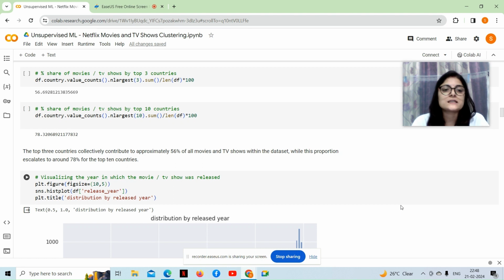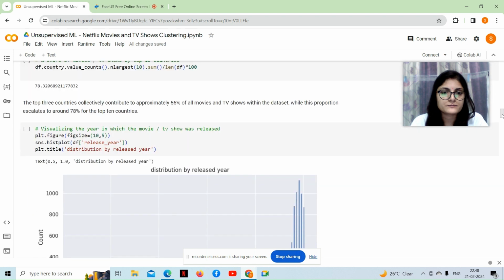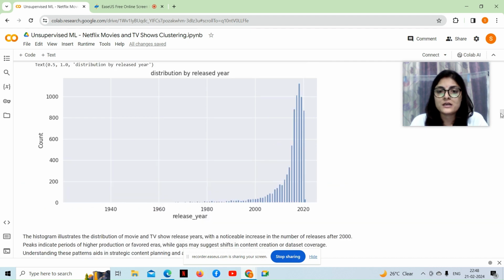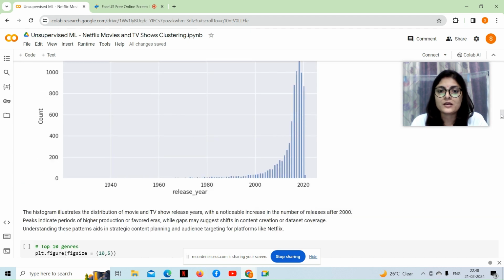Now we are visualizing the year in which the movie and TV show was released. Okay. So this histogram illustrates the distribution of movie and TV show release years, with a noticeable increase in the number of releases after 2000. As you can see, yeah, after 2000, the increase in the number of releases.